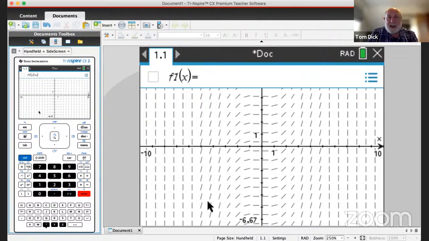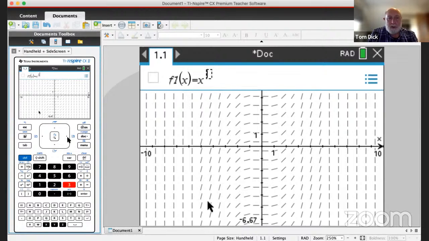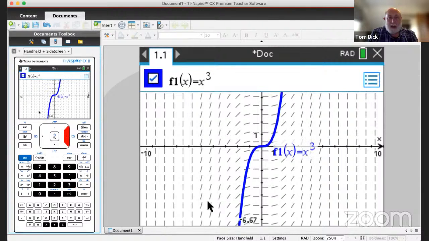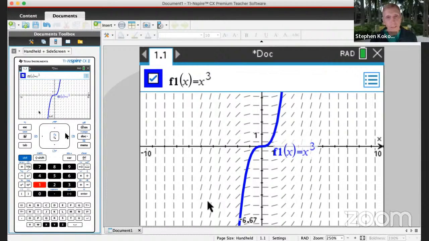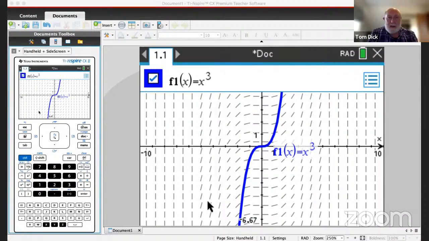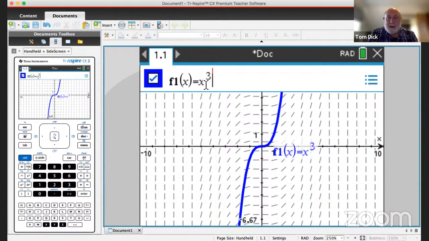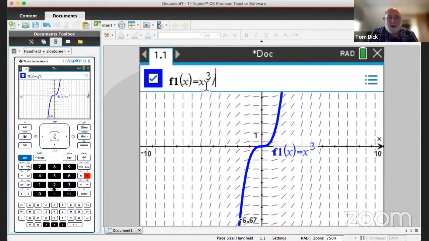I'm going to put in x cubed, and I'm going to divide that by 12. Whoops, I think I accidentally entered. Okay, let me get back up. Sorry about that. Let me get back in the entry. I wanted to divide by 12.